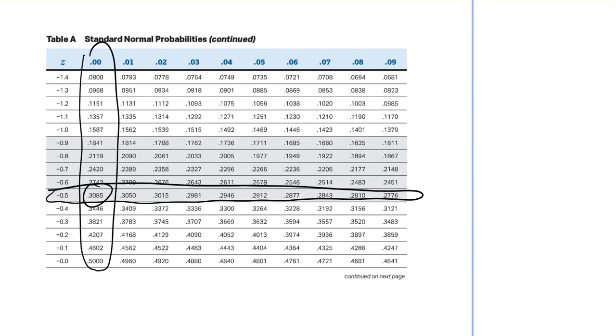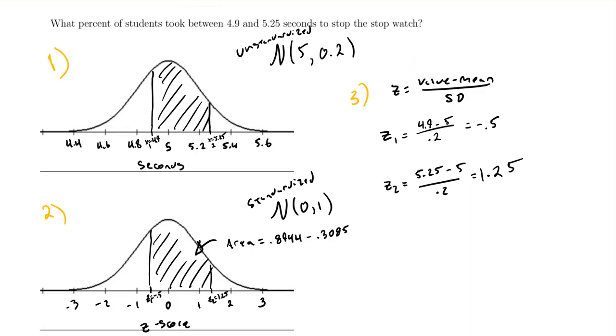The area to the left of the z-score of negative 0.5 is 0.3085. So we're going to subtract that off from our area of 0.8944 to give us an area of 0.5859 between those two z-scores, which means the area between our two x values in our first picture is also 0.5859. That is our area.